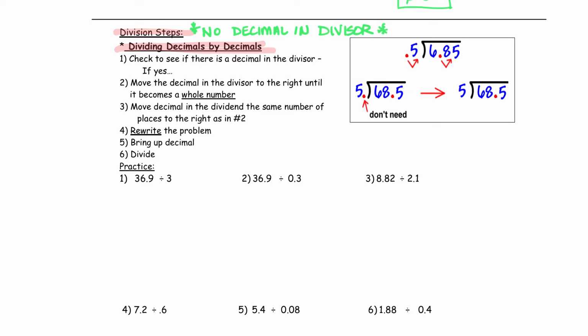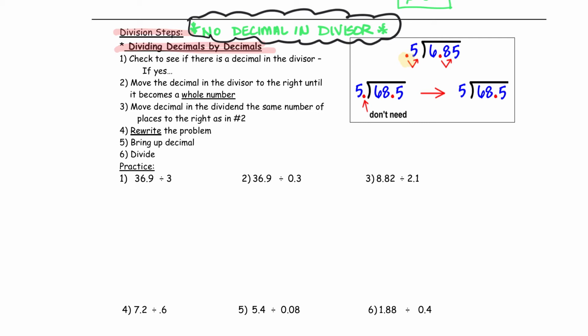All right, now on to division steps. One of the first things we need to recognize with dividing decimals by decimals is that there is no decimal in the divisor. So if you have a division problem where you notice that there is actually a decimal in the divisor, the first thing you need to do is get rid of it.